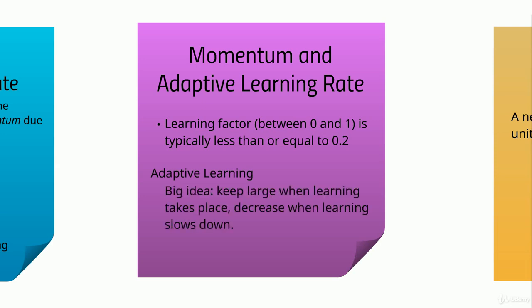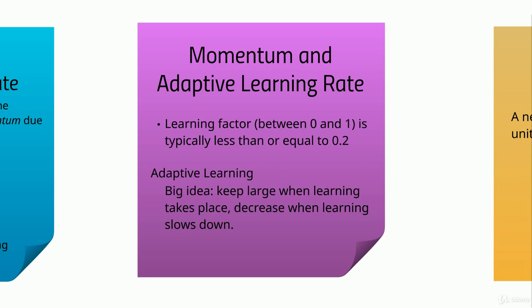So all we're doing is controlling our learning rate such that it is an appropriate value for the stage of training that we're in. At the start of training, we expect large gains and large improvements. As a result, we're going to have a larger learning factor so that we can make those big jumps. As we get to the end where learning slows down, we're going to decrease the learning rate so that we can fine-tune our network.